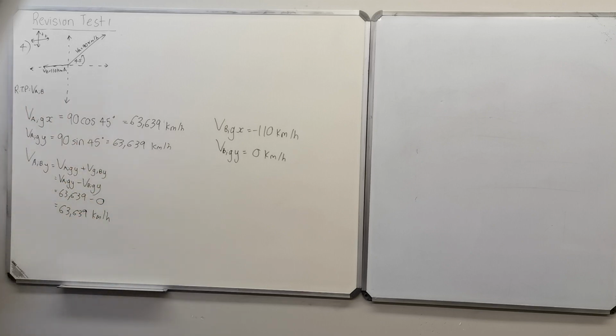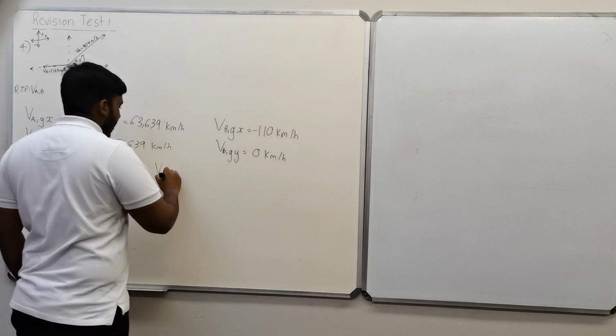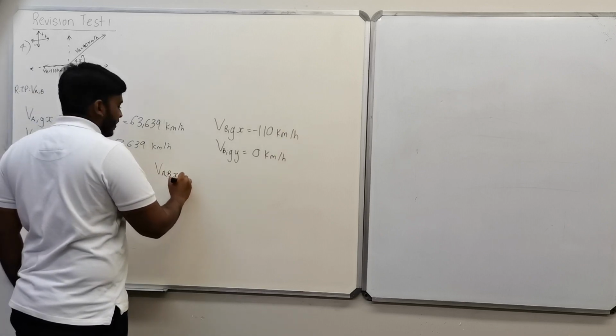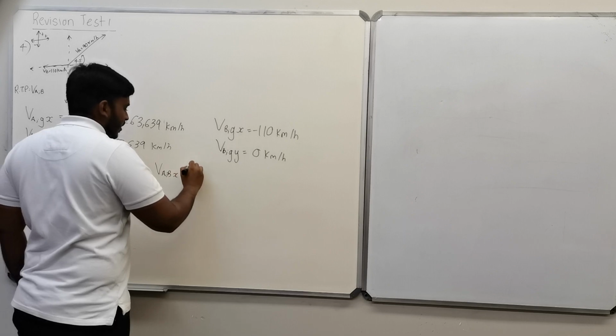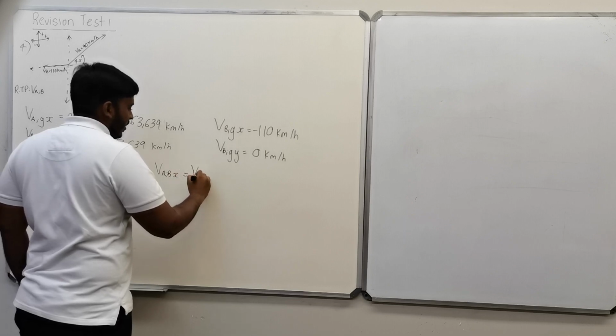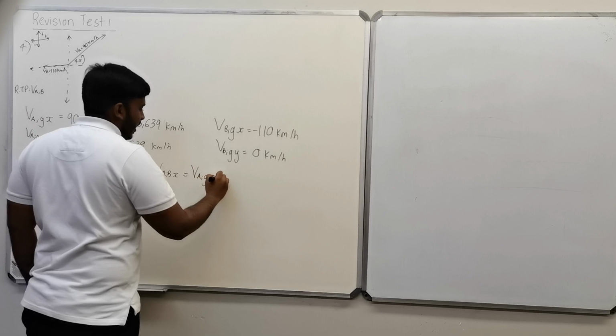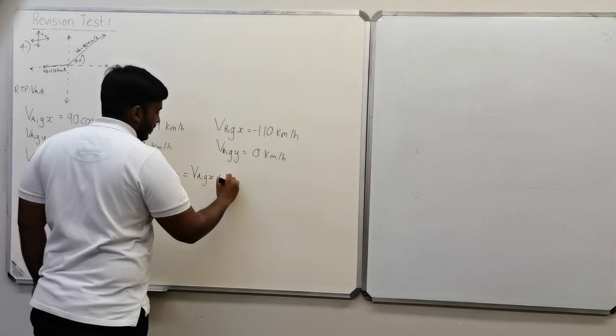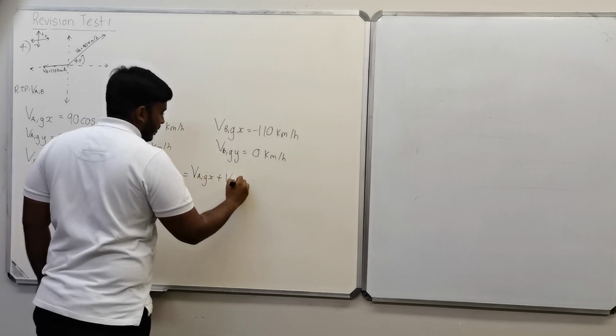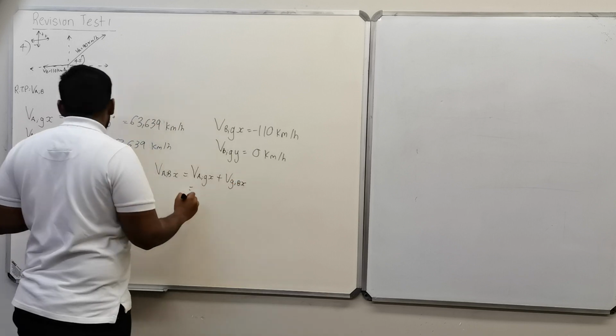Calculate the velocity of A relative to B on the x-axis. Velocity of A relative to B along your x-axis is velocity of A relative to ground along the x-axis plus velocity of ground relative to B along the x-axis. It will be the same as how we did it here, right?